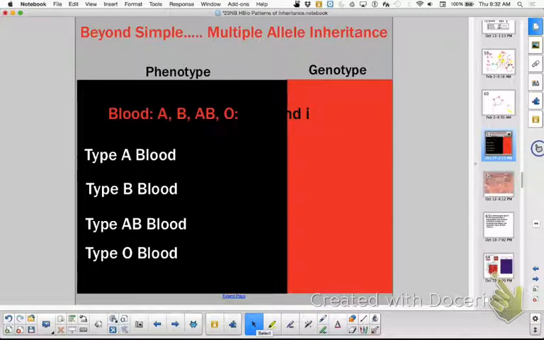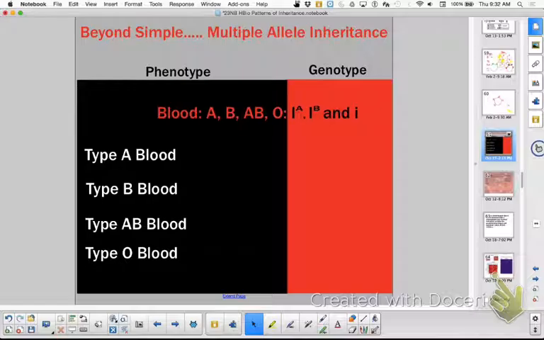Okay, here are the phenotypes. Can you see them? I know it's light. Could you please tell me all the possible alleles you could have for these four without looking at your notes? Just call them out. Did you get those? Tell me, what is type A blood?